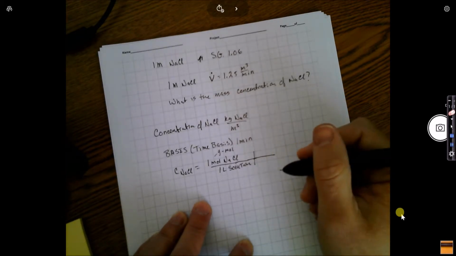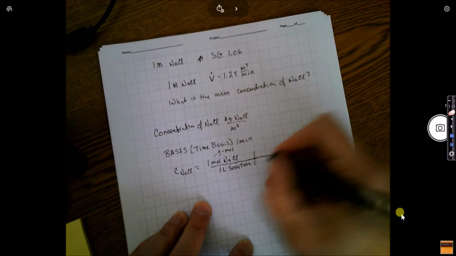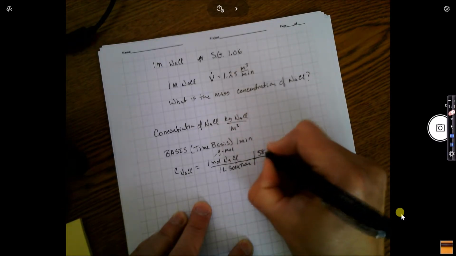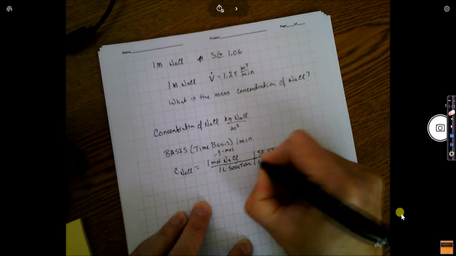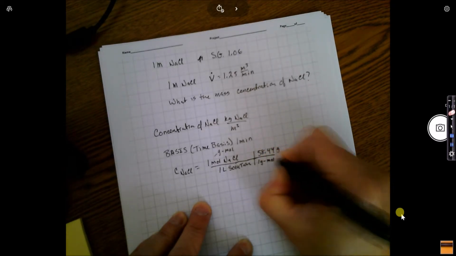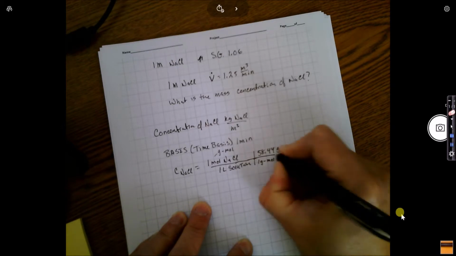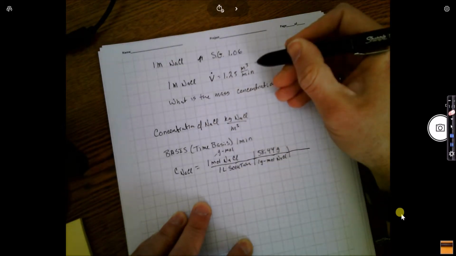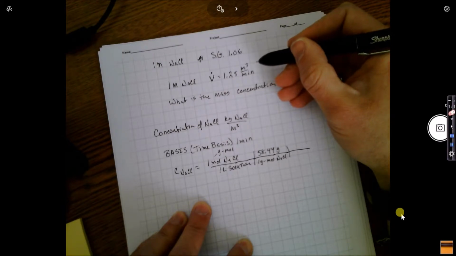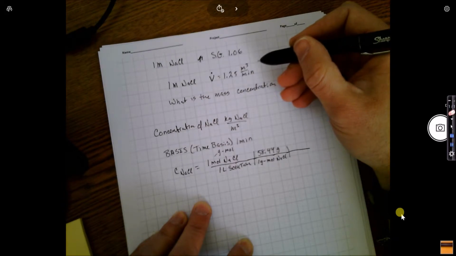And so the molecular weight of sodium chloride is 58.44 grams per 1 gram mole of sodium chloride. And if you look here, our unit is meters cubed. Out of convenience, we want to do everything in terms of meters cubed and kilograms.